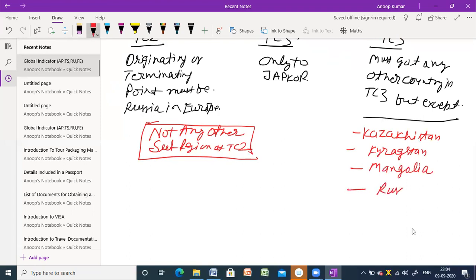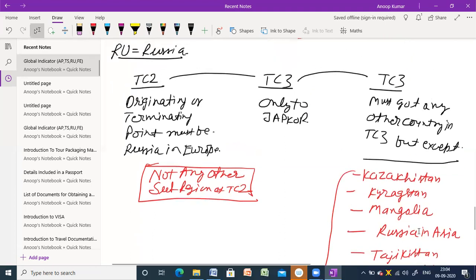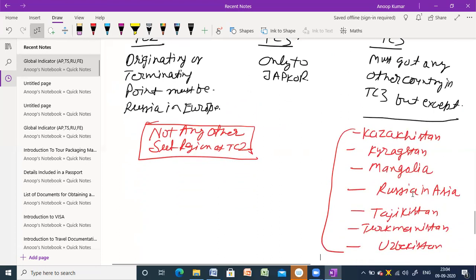Then Russia in Asia, then Tajikistan, then Turkmenistan, then Uzbekistan. So this is the list of exception countries. After JAPCOR, the flight must go to any other area of TC3, except these areas. If this is the case, the applicable global indicator will be RU.